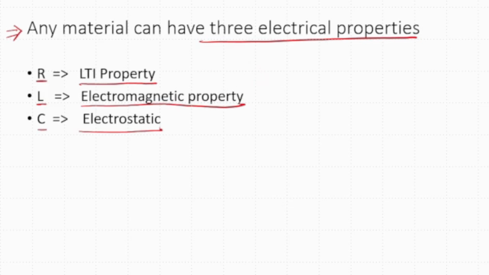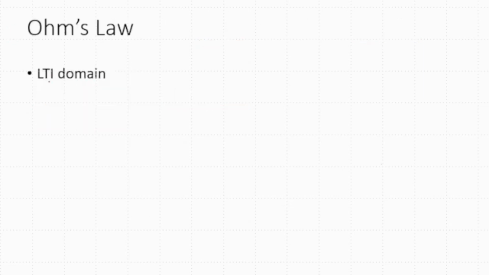Now, let's get into Ohm's law for each domain. So, first let's consider LTI domain. What are the two properties which are required for LTI domain? Ante temperature should be constant.